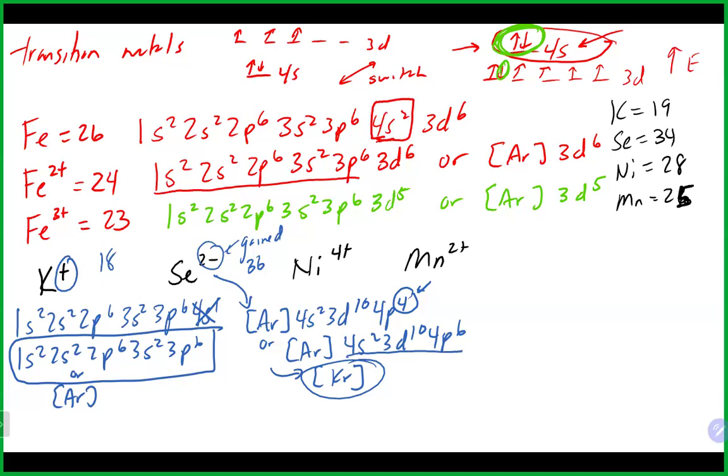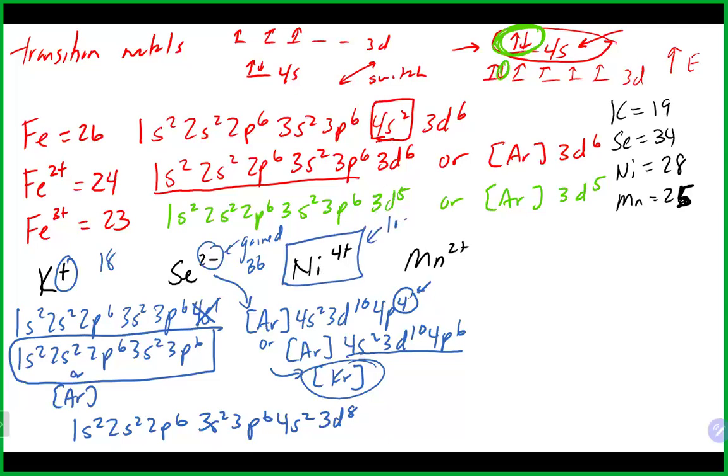Taking a look at nickel, which is 28. 1s2, 2s2, 2p6, 3s2, 3p6, 4s2, and 3d8 in this case. Now, nickel here with a +4 charge means it has lost 4 electrons.